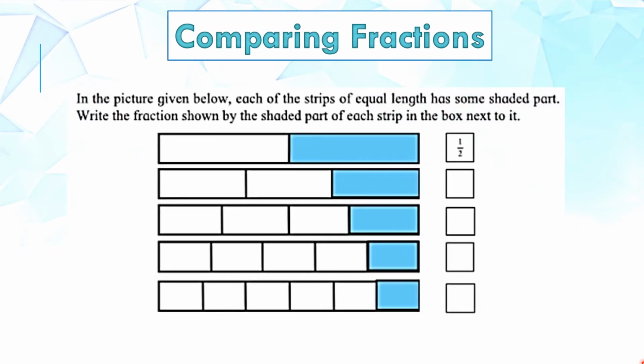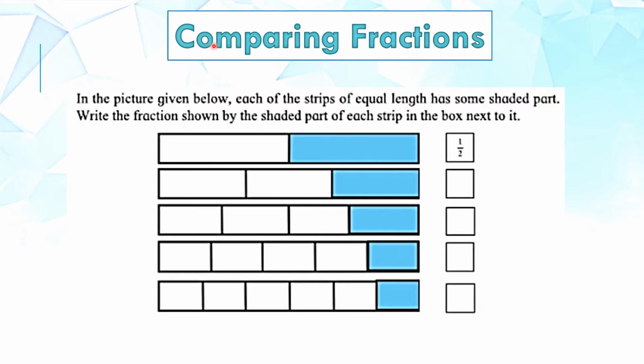In the picture given below, each of the strips of equal length has some shaded part. Write the fraction shown by the shaded part of each strip in the box next to it.